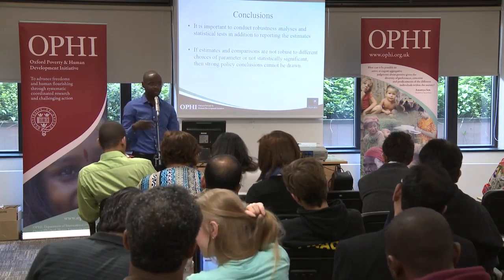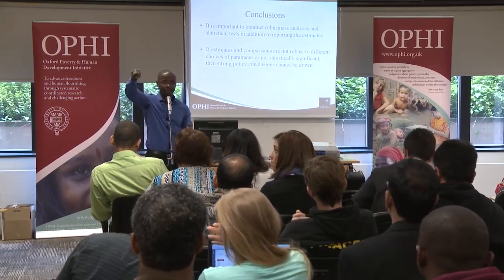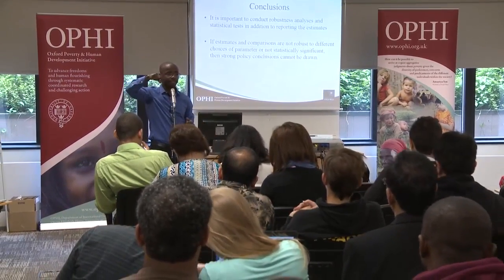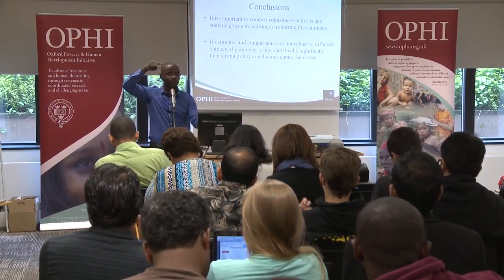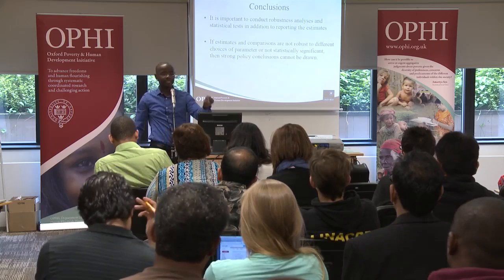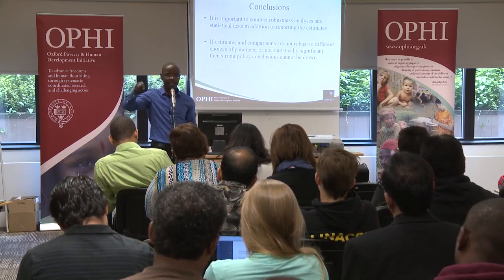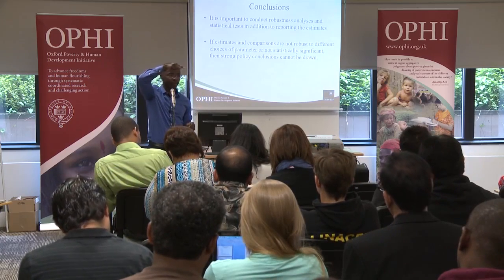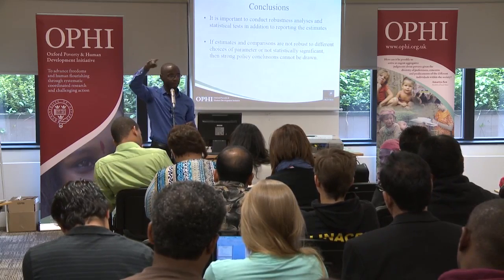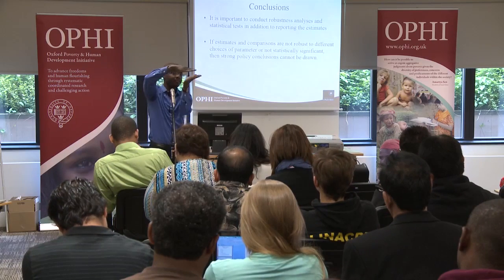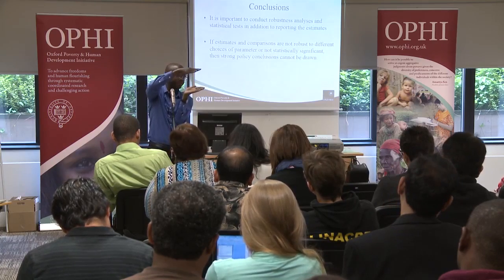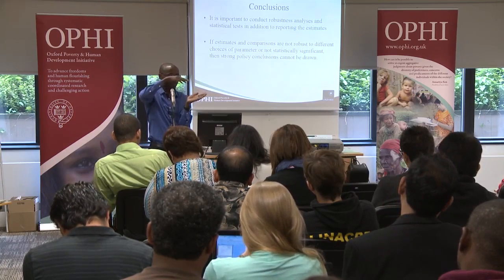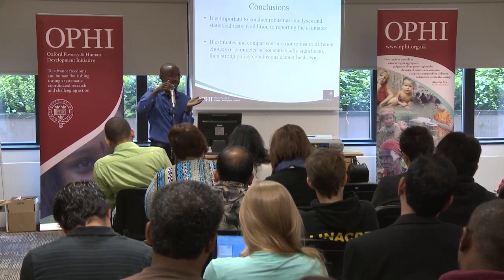And second, you can combine the sensitivity analysis with statistical inference. For example, let's say you compute the dominance curve. When Suman was presenting, he said that if the dominance curves do not cross, you have dominance, right?